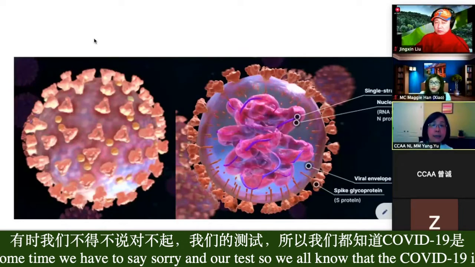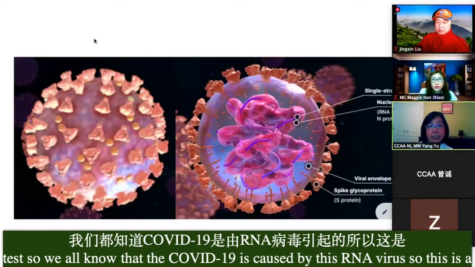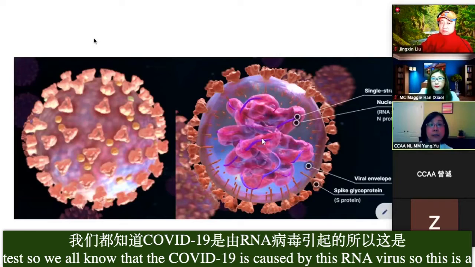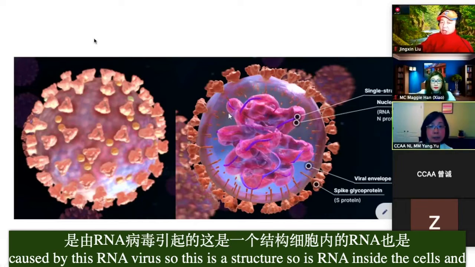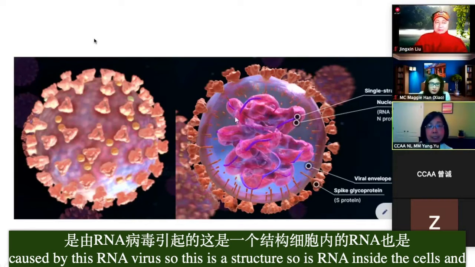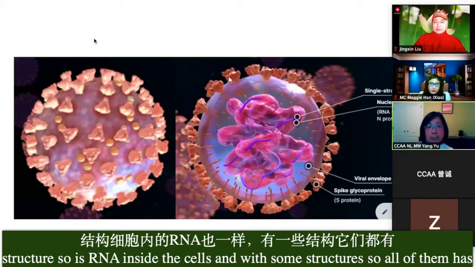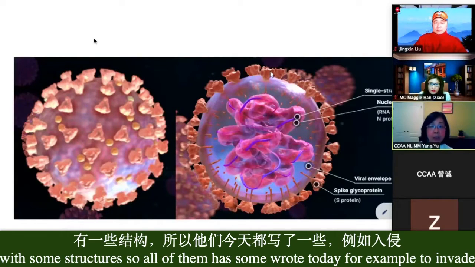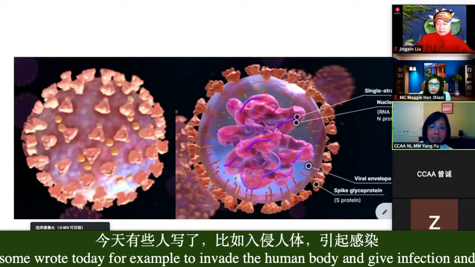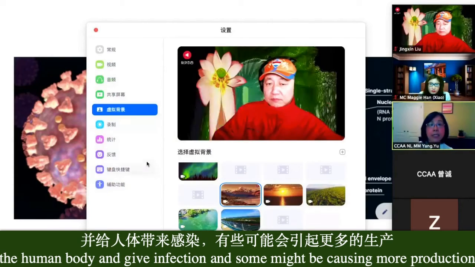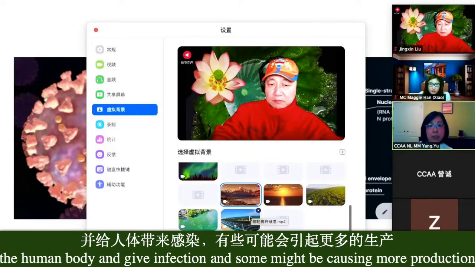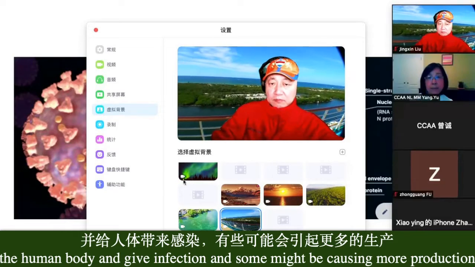So we all know that COVID-19 is caused by this RNA virus. This is the structure: RNA inside, with some structures, and all of them have some role to play, for example, to invade the human body and give infection, and some might be causing more production of virus.